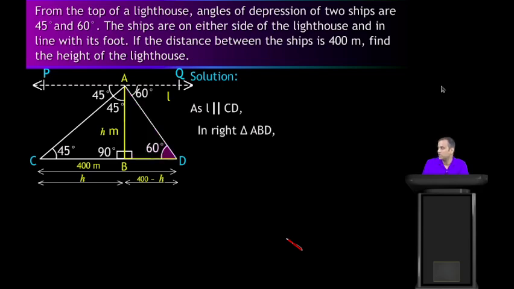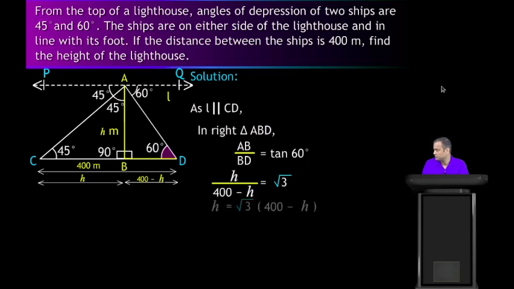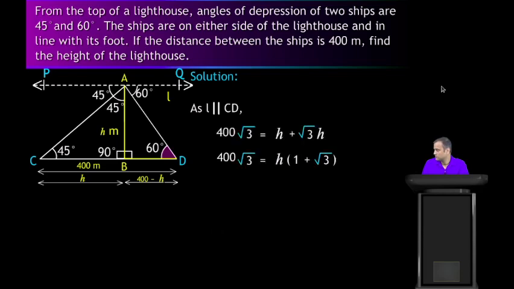Now in triangle ABD, we can write this as AB upon BD because we have to find AB and we are given BD. So it equals tan 60. Use this one and the answer is H equals 400 root 3 divided by 1 plus root 3.